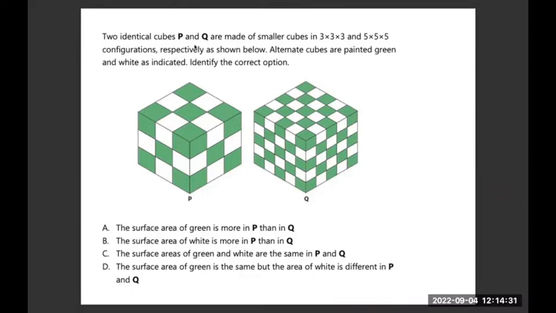In one face, you have a 5 by 5 module. There are 5 cubes, 5 squares on one face: 1, 2, 3, 4, and 5.